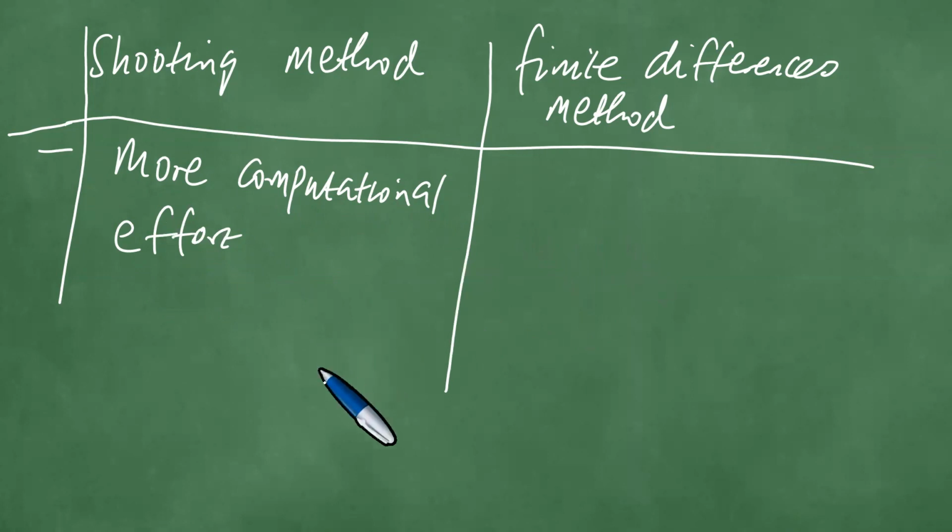The shooting method, because we need to be reducing the order, is more computational effort because we misfire. Normally we misfire twice, and then in the shooting process, we get the average using the interpolation formula. So because of that, we can say this shooting method requires a bit more computational effort relatively.